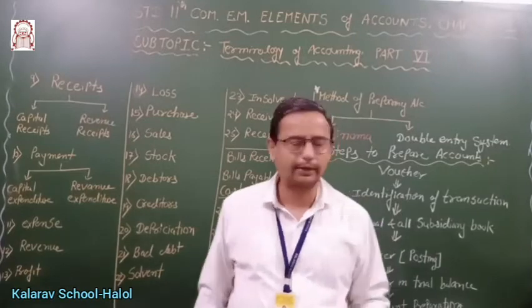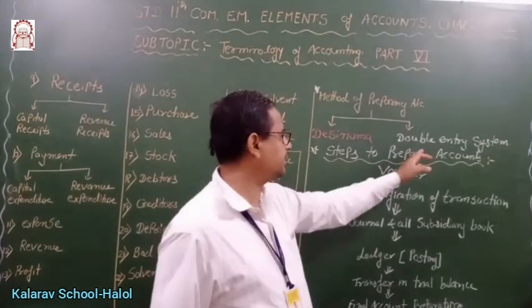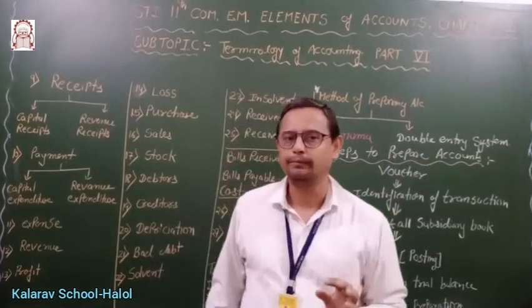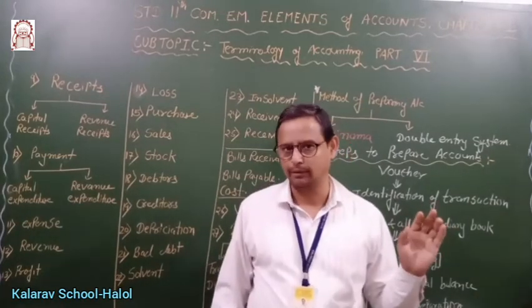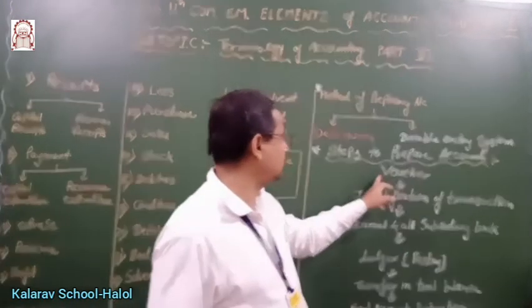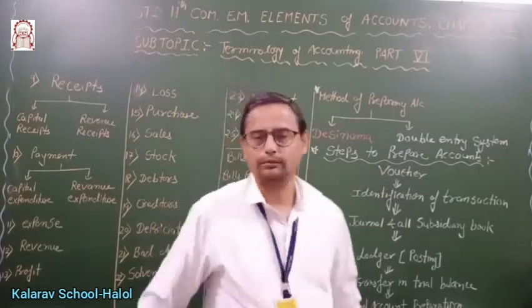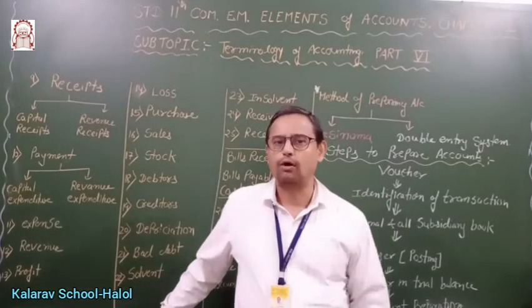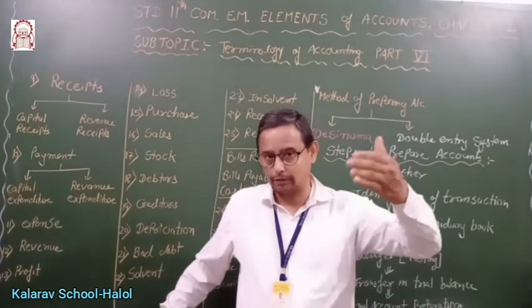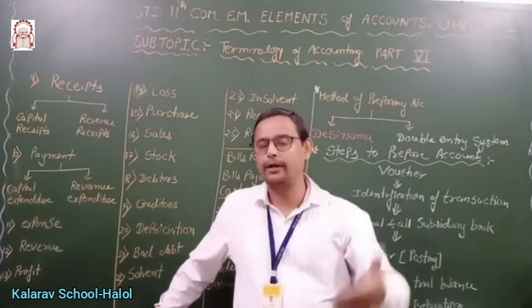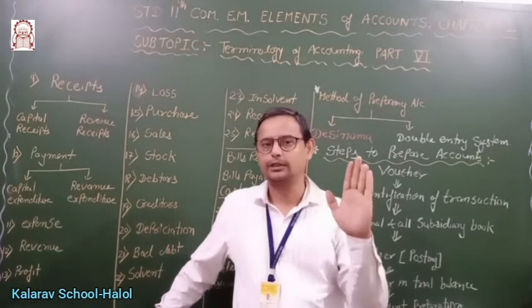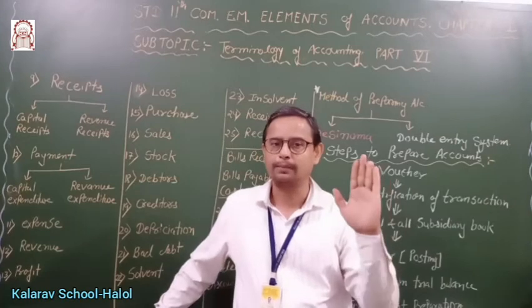It doesn't matter whether it is the desi nama system or double entry system, they have to follow this only, and everywhere it is applicable. Is it clear? So first of all, the starting of account is from voucher. Voucher से account की शुरुआत होती है, because I have said that earlier, it is a primary document. आपके पास में पेज है जिसमें ये evidence है कि भाई transaction हुआ है.